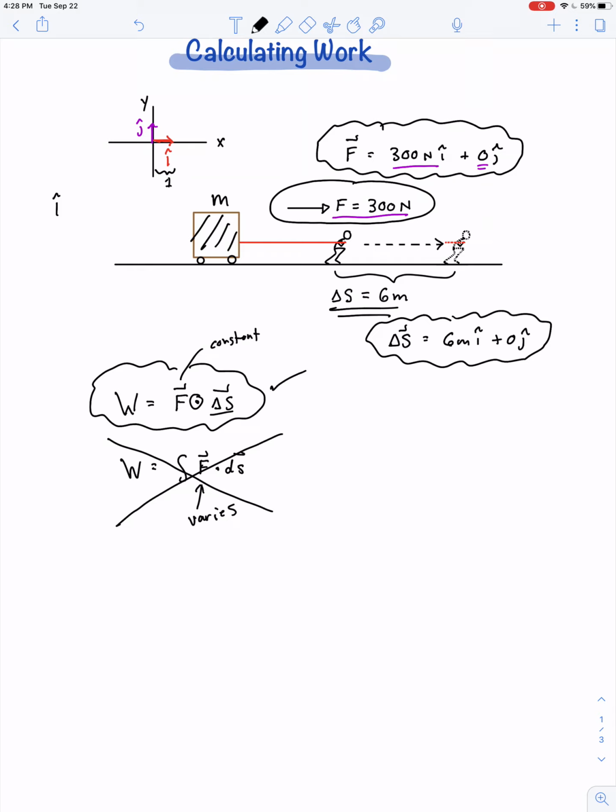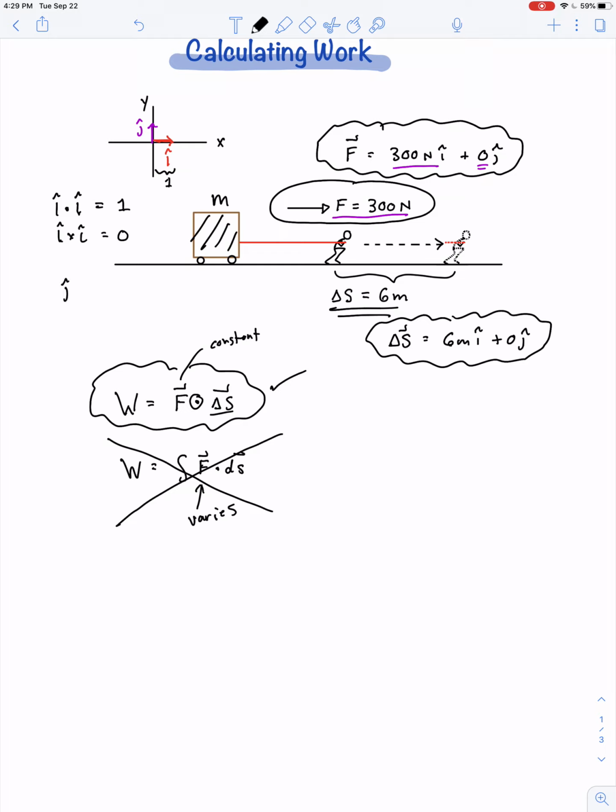And you multiply it by itself. Well, because i hat is itself a vector, we could either take a dot product or we can take a cross product. Well, i dot i is equal to 1. i cross i is equal to 0.